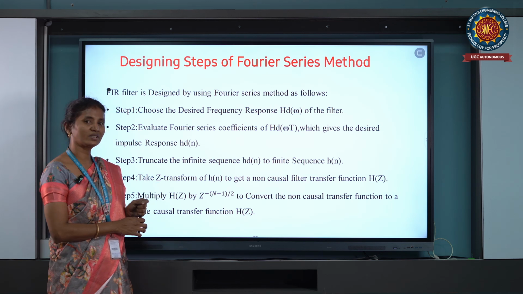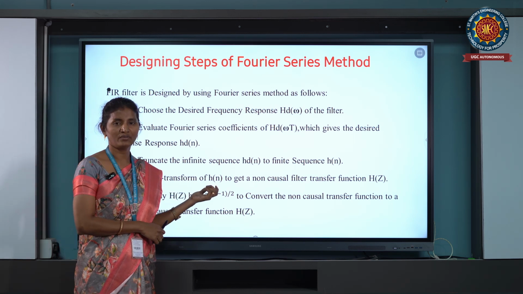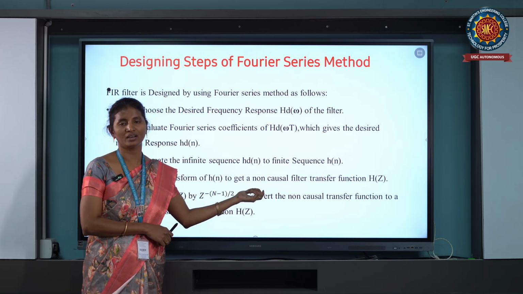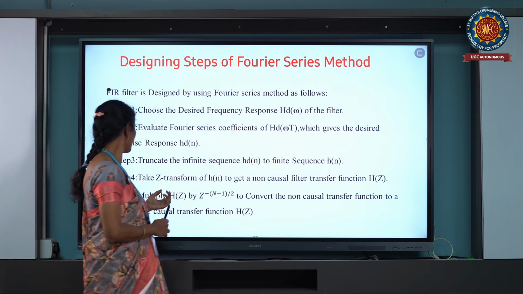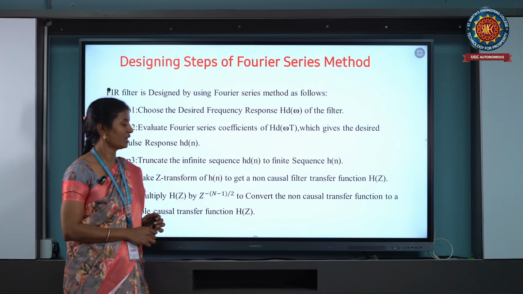The fourth step of the design method is to take the Z transform of h of n to get the non-causal transfer function h of z. Here h of z is the transfer function of the non-causal filter.